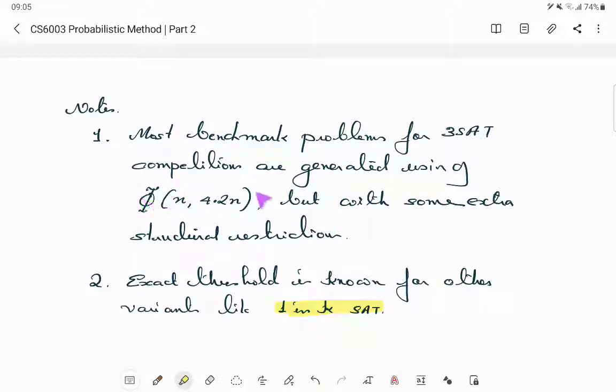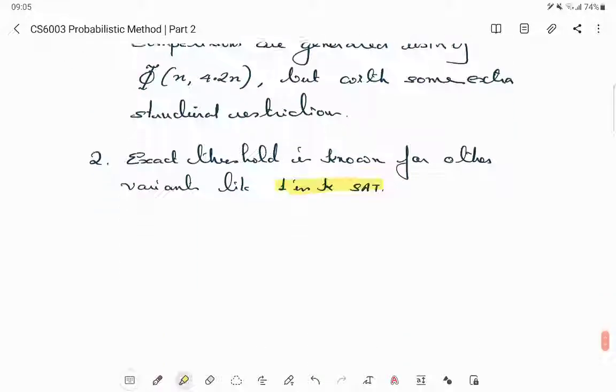If you look at many of the SAT solving benchmark questions available on the net, the ratio of number of clauses to number of variables will be around 4.2. But nowadays there are slightly more advanced probability distributions by which SAT solver benchmarks are generated. They put in some extra conditions to make it a bit harder.